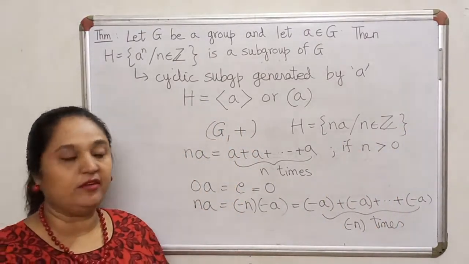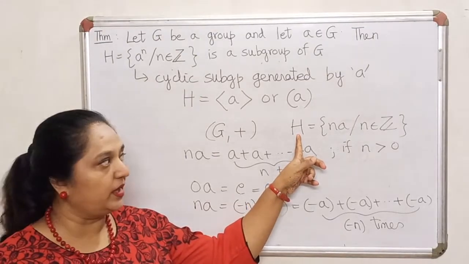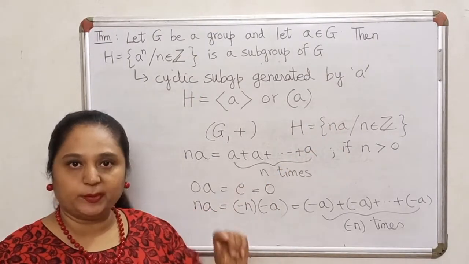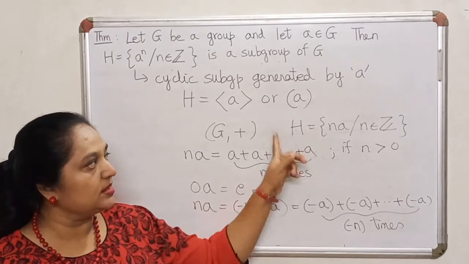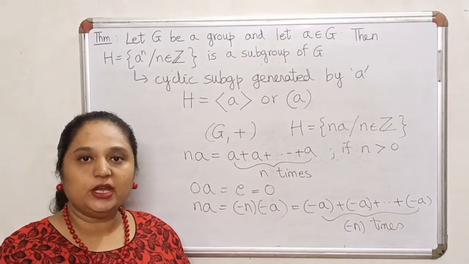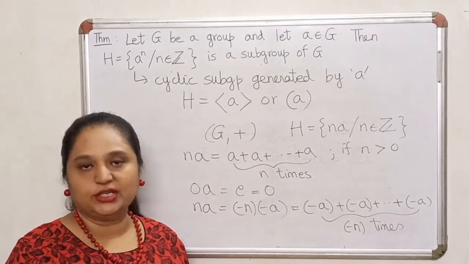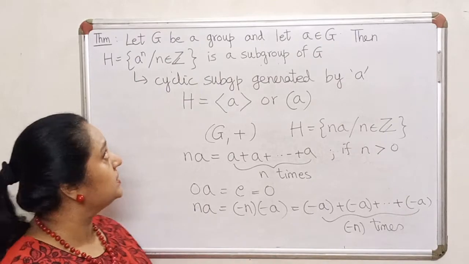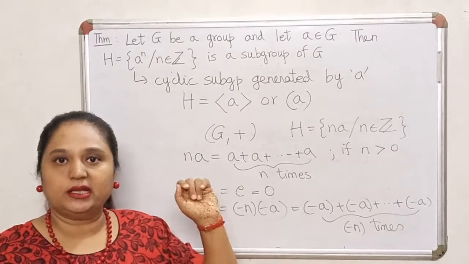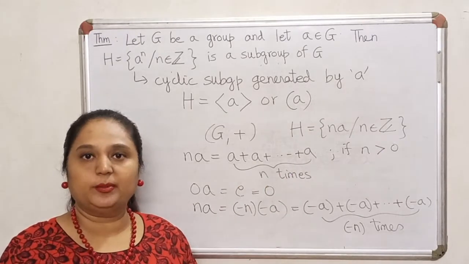Specifically when the group operation is addition, we will define H to contain all integral multiples of A, and in this case it will again be called the cyclic subgroup generated by A. So in your problems, be very careful whether the operation is addition or multiplication. If it is multiplication, you take integral powers of A. If it is addition, you take integral multiples of A.